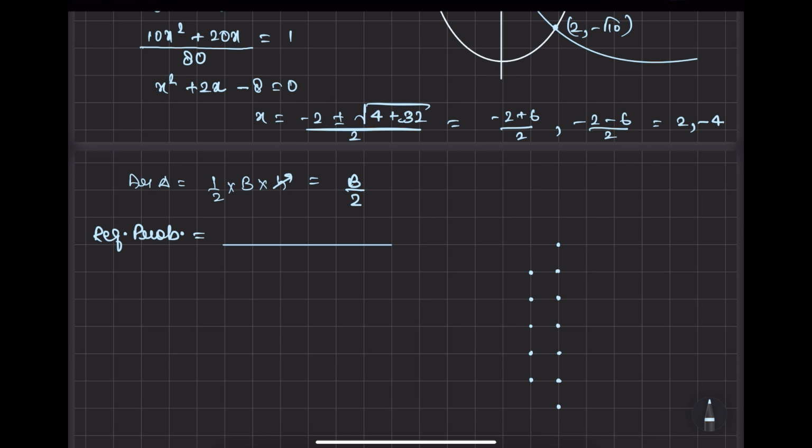In this side we have 7, and then we have 5, so 12 points. So out of 12 points we have to consider 3 points. Okay, now what I will do, I will select 1 point from this side and I will try to create the base from this side.